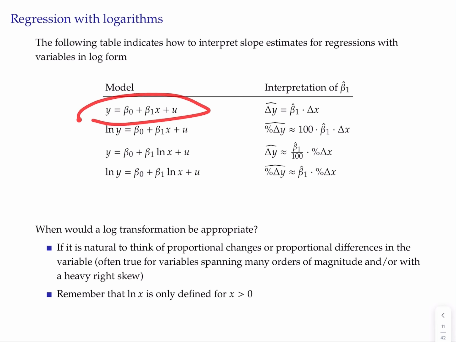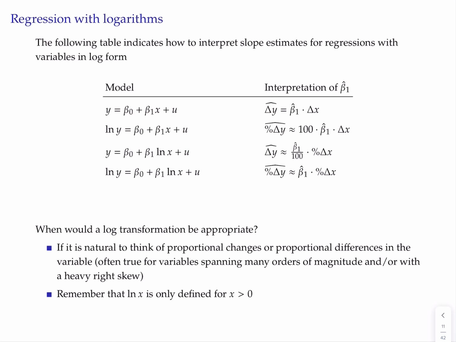You're familiar with the standard case. If someone has 2 more years of education, multiply that change 2 by the slope, and you get a certain increase in predicted earnings. That's the standard thing that you've seen. What we just saw is an example of this.